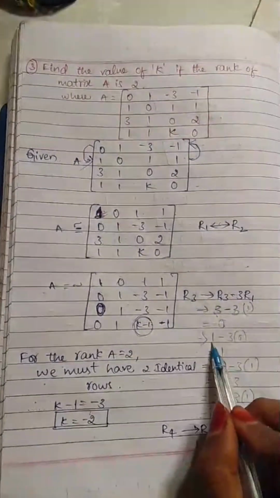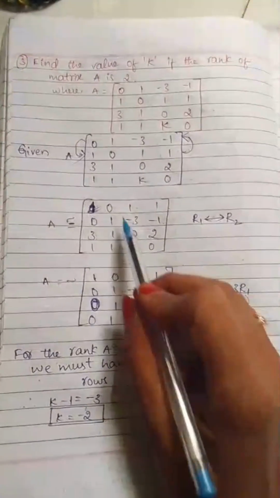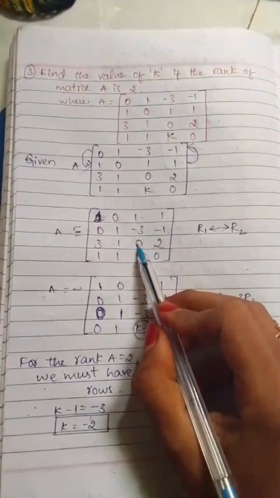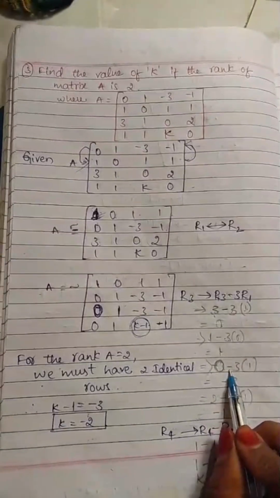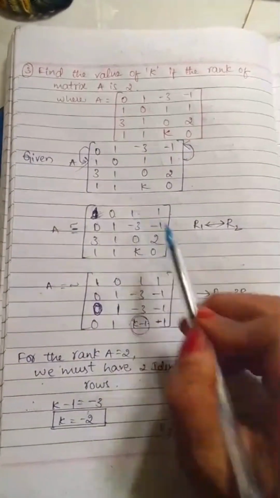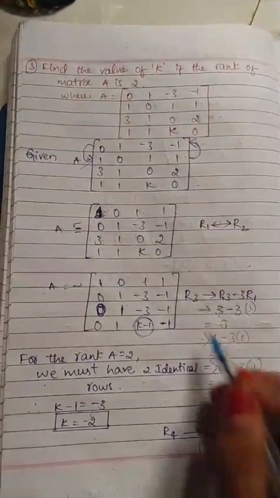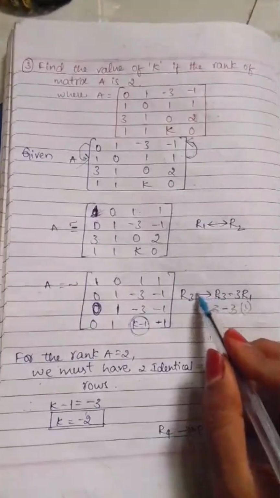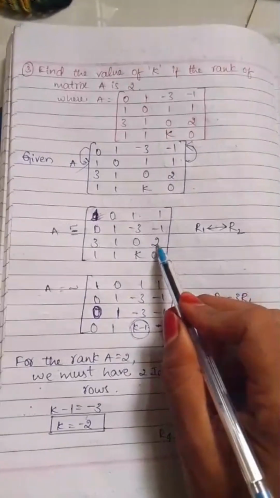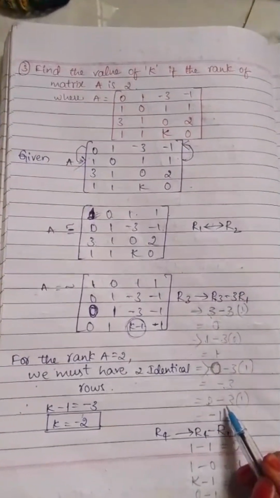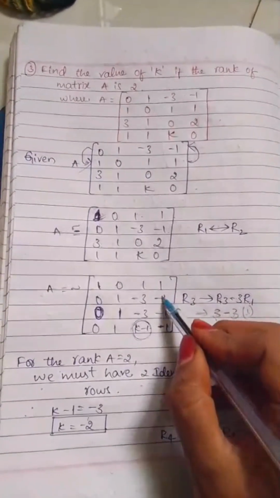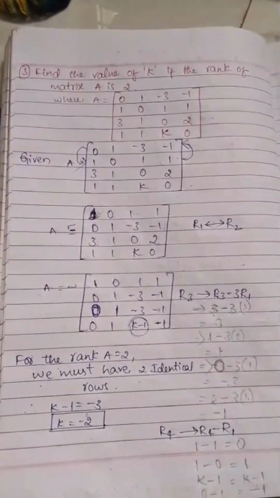R3 is 1 and 3 into R1 is 0, so the value is 1. Then R3 is 0, 0, minus 3 into R1 is 1, 1, so the value will be minus 3. I am getting similar values while doing this. Then R3 is 2 minus 3 into R1 is 1, that is minus 1. I got two identical rows, right?